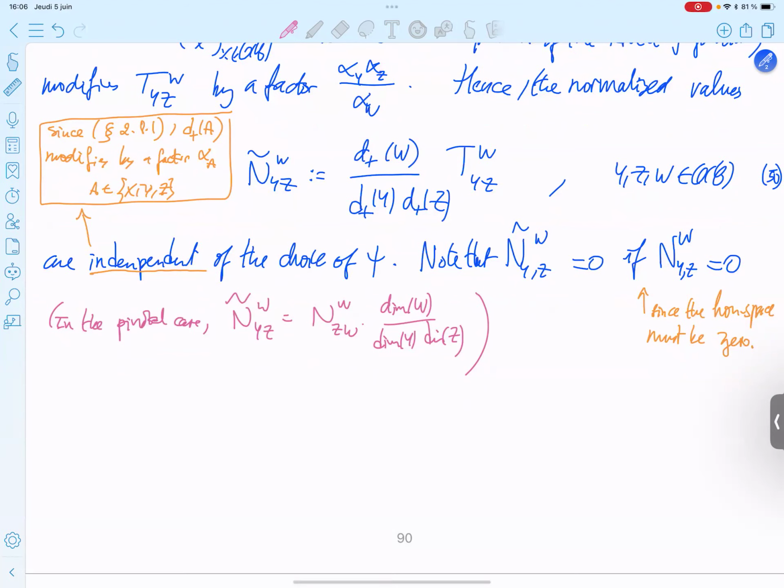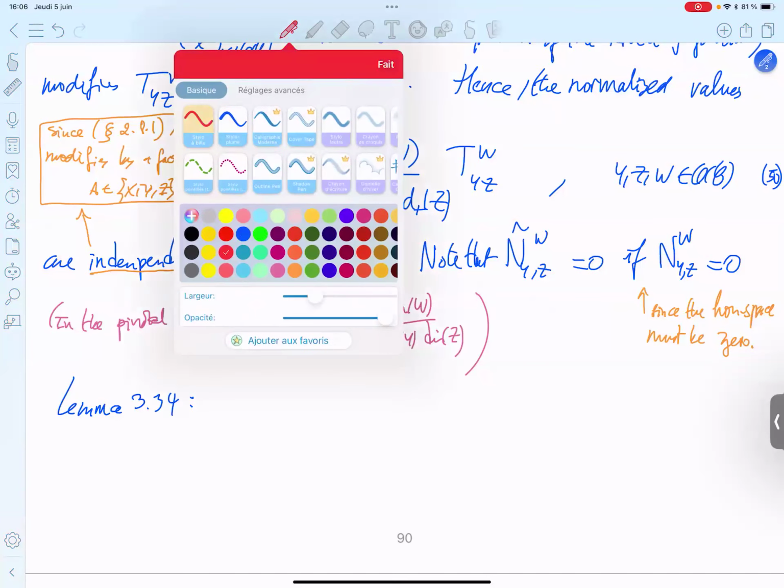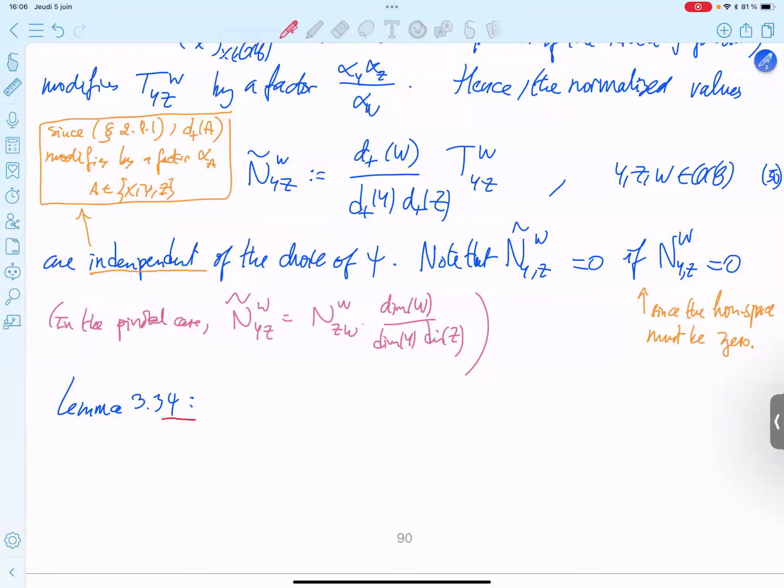So now we have enough material to state the generalized Verlinde formula. And I will state it and prove it after the pause. So I will shift the pause by 1 or 2 minutes.